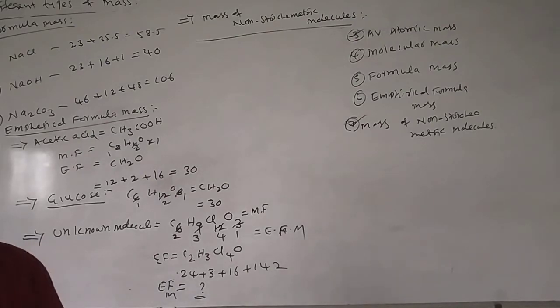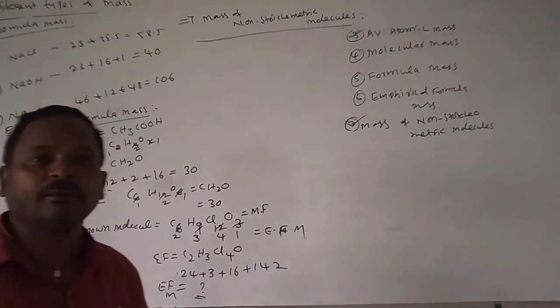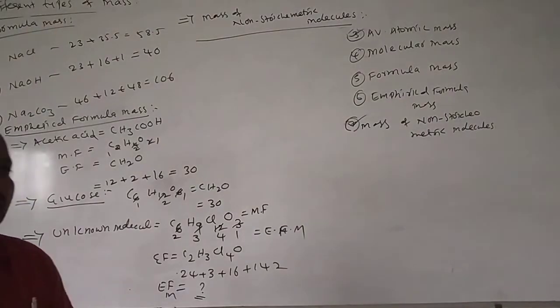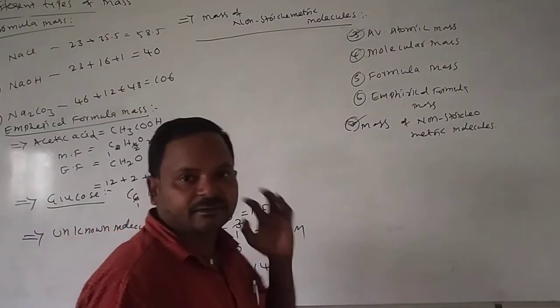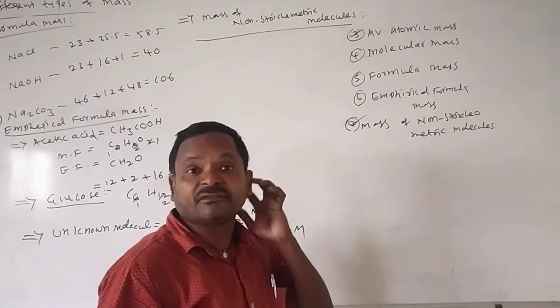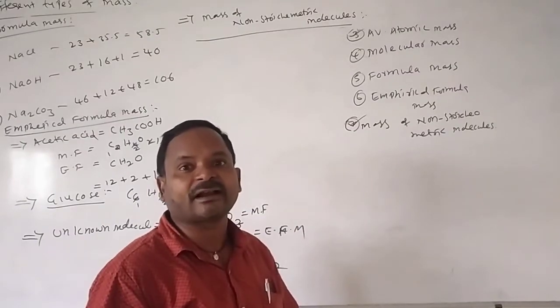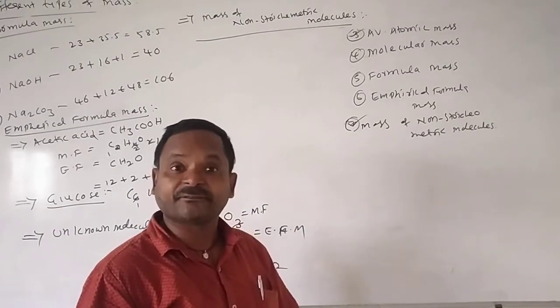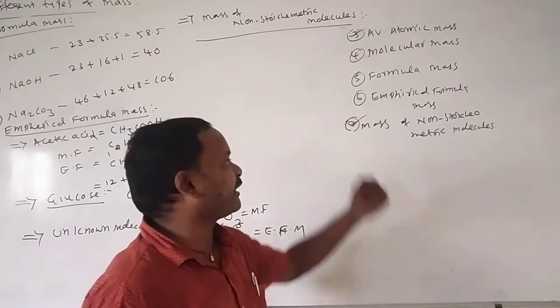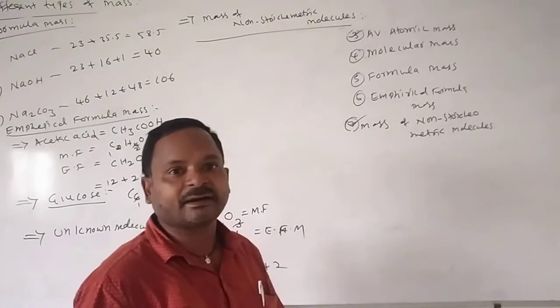Molecules can be divided into two: stoichiometric molecules and non-stoichiometric molecules. First we will see the molecules which have the exact number of atoms. That means a definite number of atoms, we call them stoichiometric molecules.